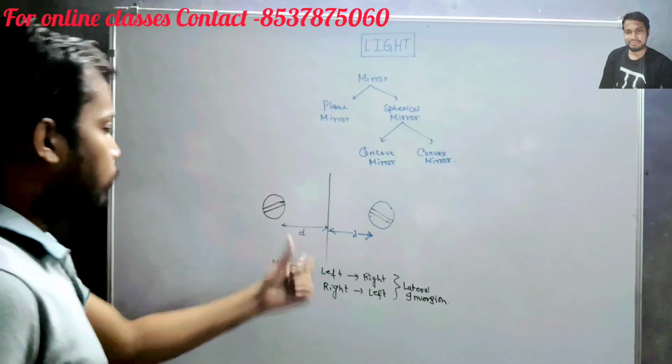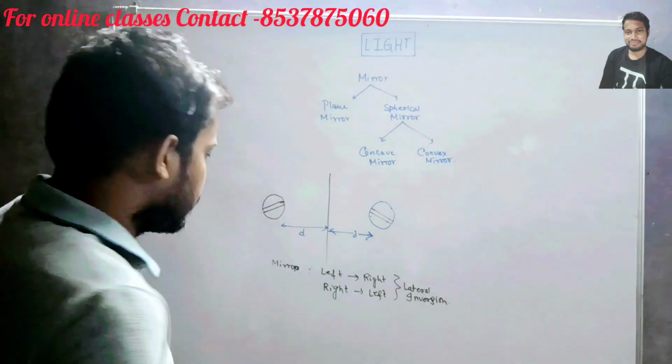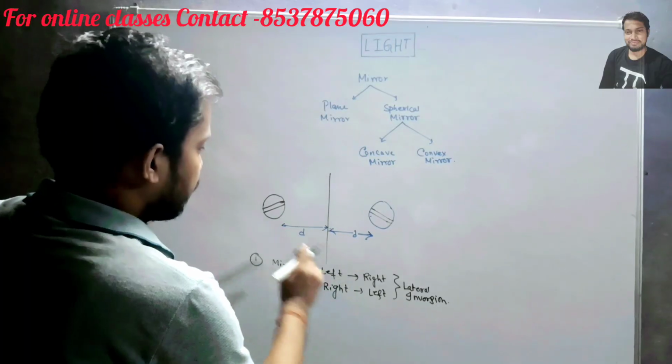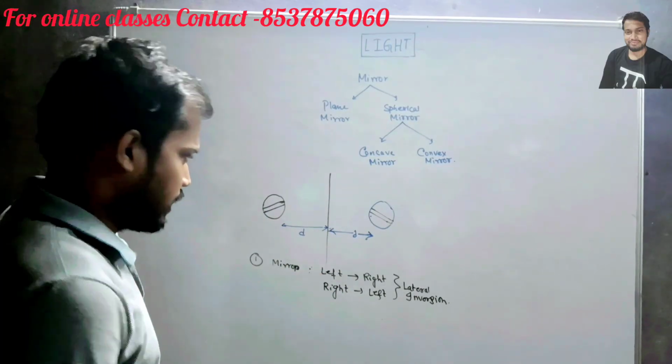So the first rule is that object distance and image distance will be the same. The second rule I have written already: lateral inversion, that is, left becomes right, right becomes left.